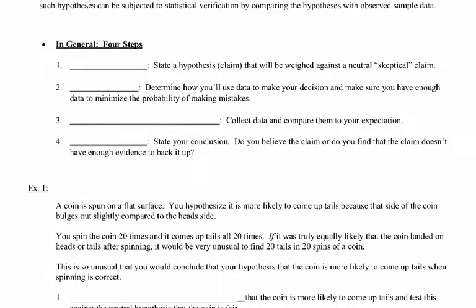So, 4 general steps when you conduct a hypothesis test. The first is to hypothesize. So the verb for hypothesis. Hypothesize. State hypothesis or a claim that will be weighed against a neutral or skeptical claim. That's step 1. Then you're going to prepare. Determine how you'll use data to make your decision and make sure you have enough data to minimize the probability of making a mistake.